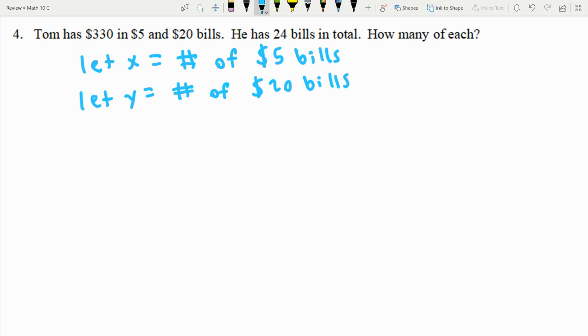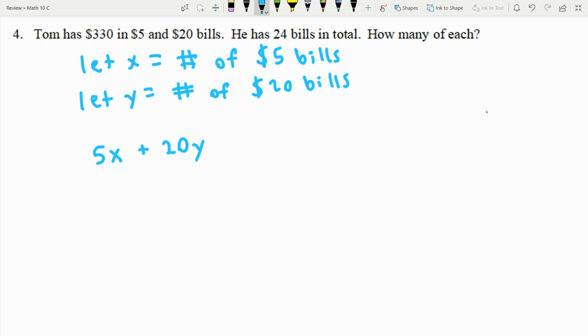So from the first equation, Tom has $330 in $5 and $20 bills. I know the value of these bills: $5 for the first bill, but I don't know how many $5 bills I have, and $20 for the other, but I don't know how many.